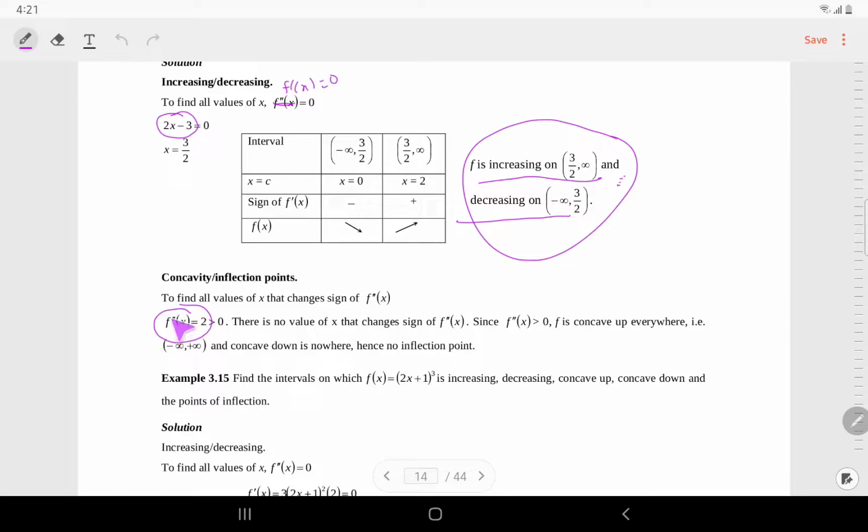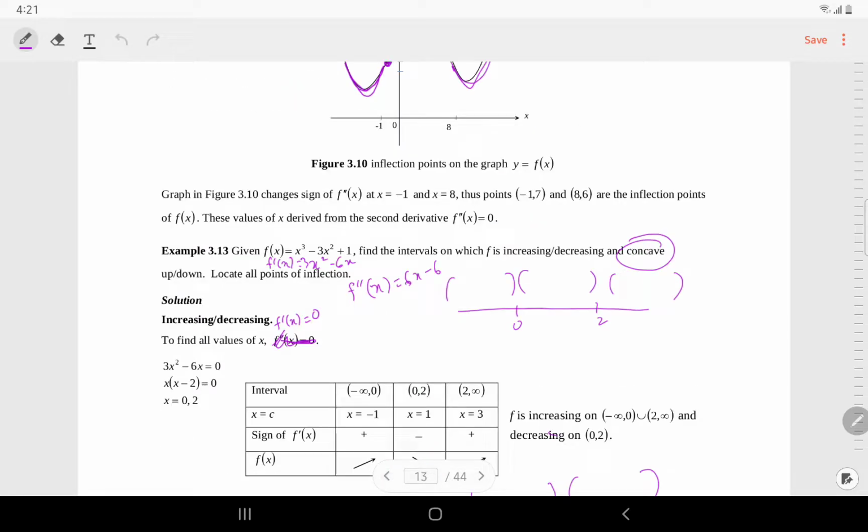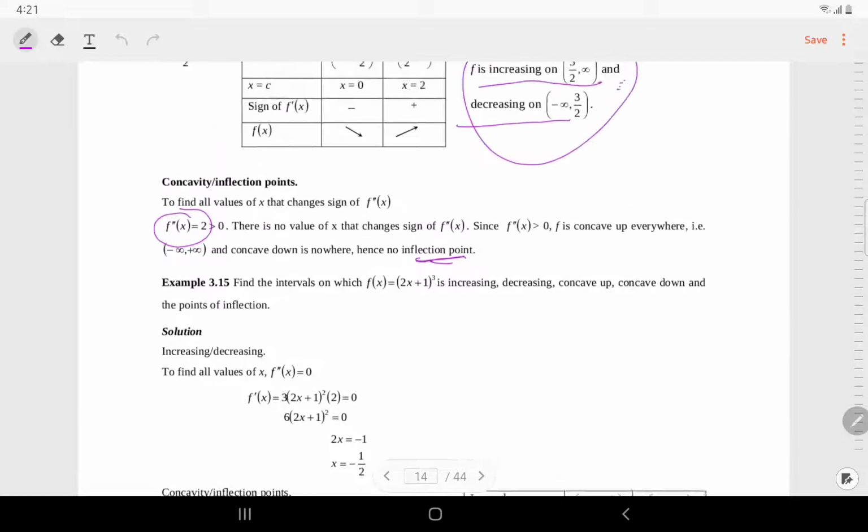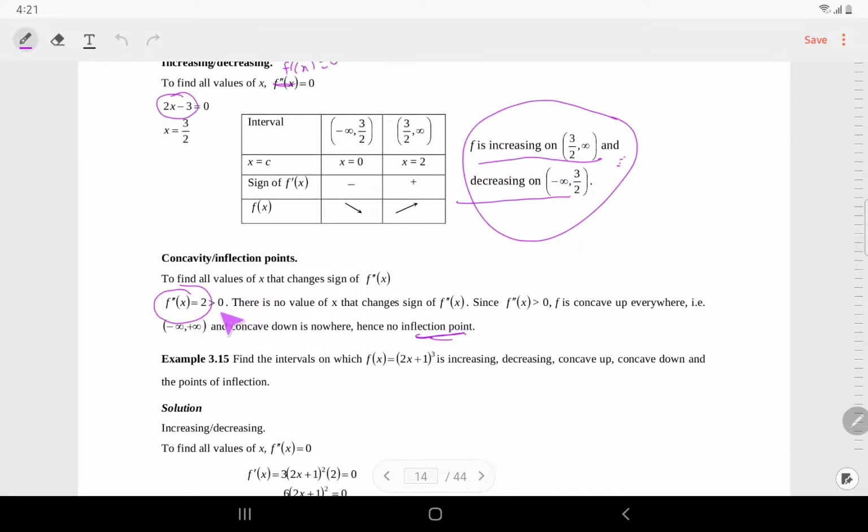So, bila kita dah dapat macam ni, maksudnya dia tak ada inflection point. Okay, inflection point adalah point yang ni. Ni kita panggil dia inflection point. Okay, bila kita set up f double prime x equal 0, selesaikan x, this is the inflection point. But for this question, we don't have any inflection point. Okay, tak ada inflection point.